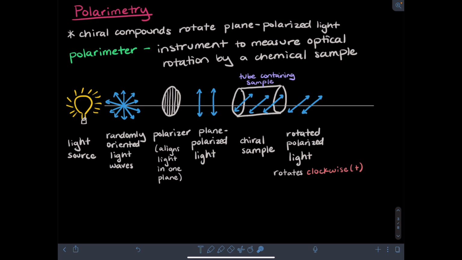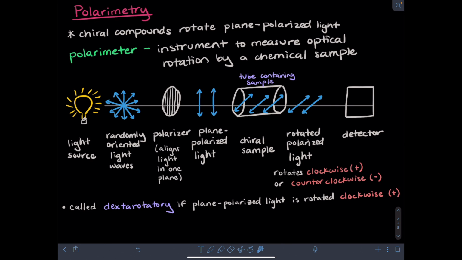If the particular chiral compound rotated the light clockwise, we give that a plus sign. And if the chiral sample rotated the light counterclockwise, we give that a minus sign. Eventually, the light reaches a detector which allows us to know how much it was rotated and in what direction.